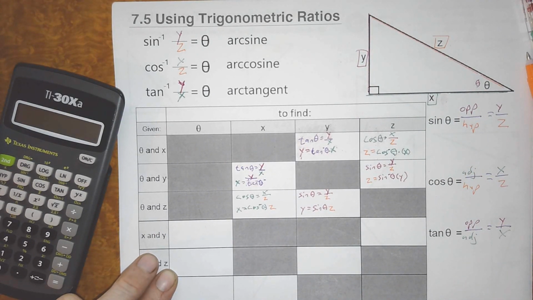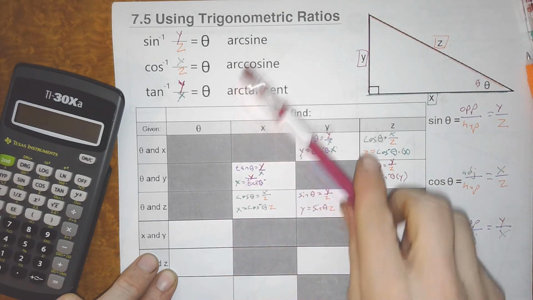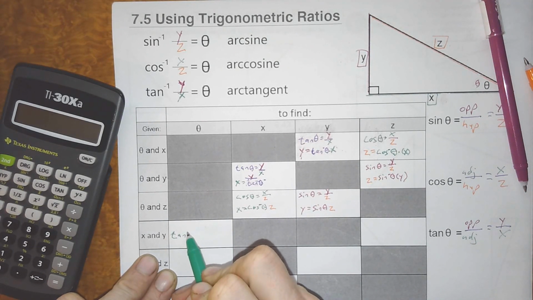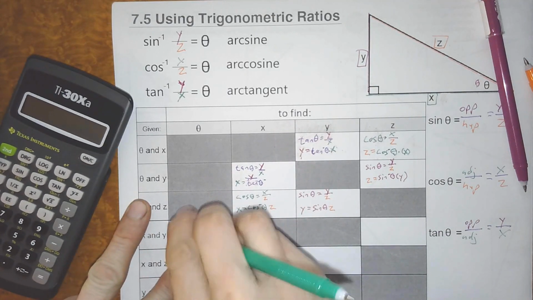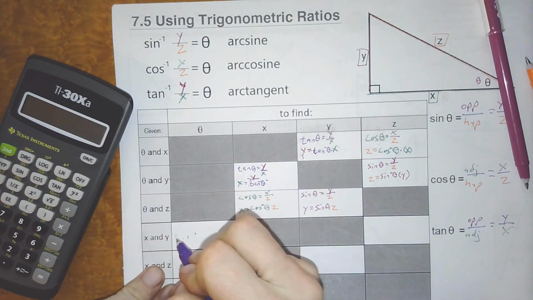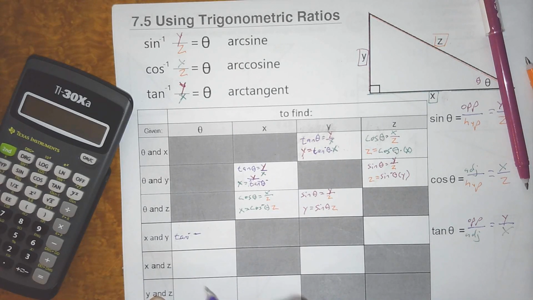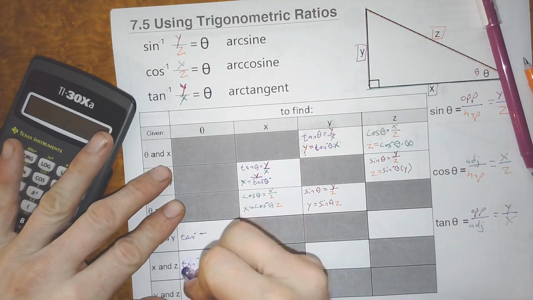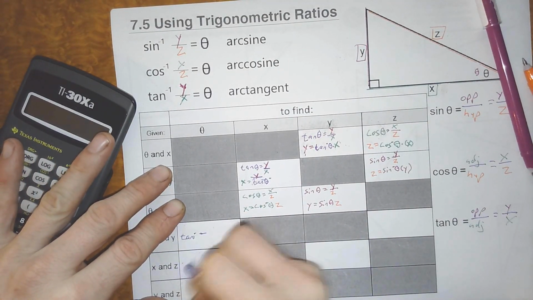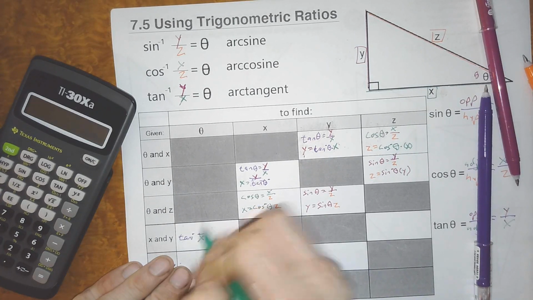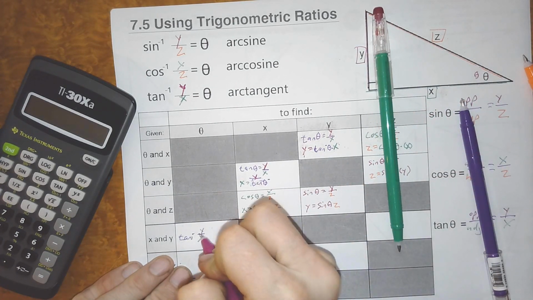So if I'm given x and y, I can figure out that the arctangent of y divided by x equals theta.